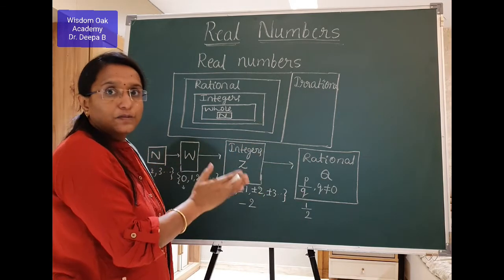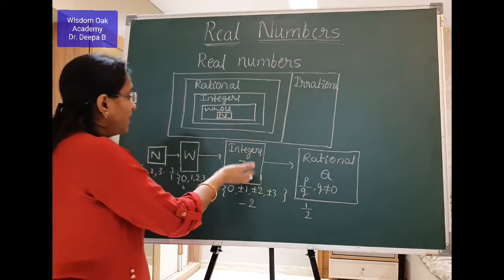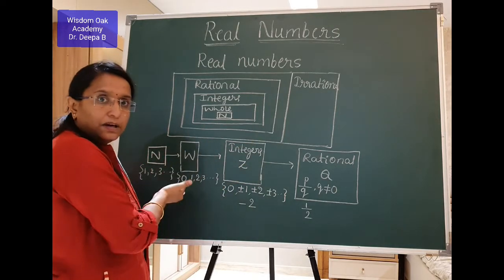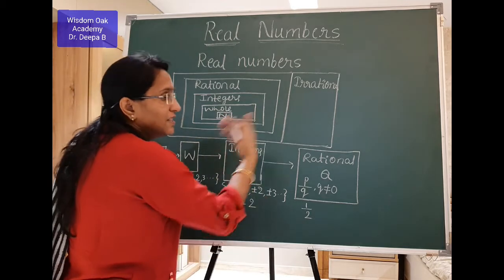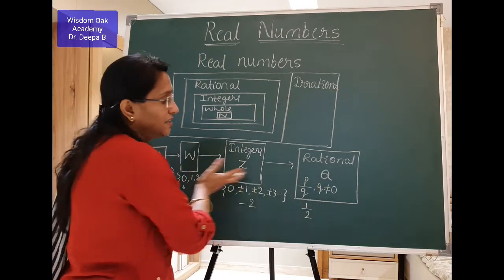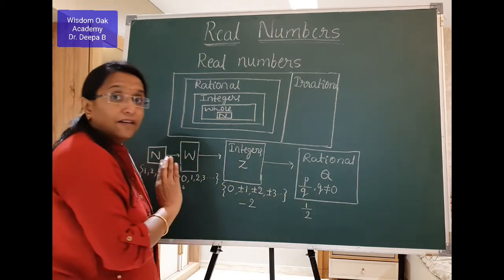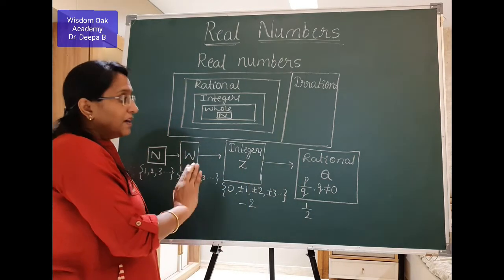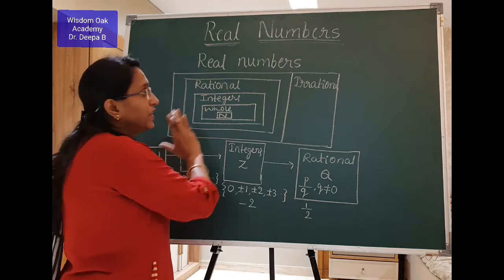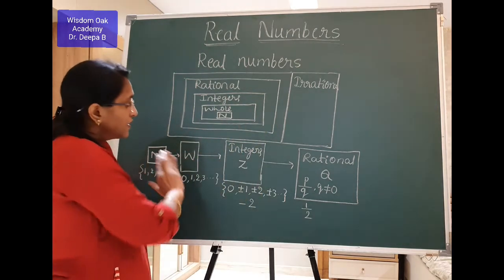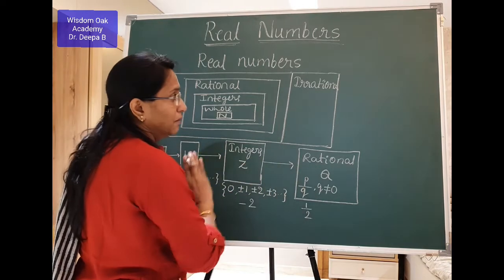If they ask objective type question, is every integer a whole number? Then it will come here. No. Every integer is a rational number? Yes. It is going like this. So just remember this one. Always, whenever in the competitive exams also, if question comes on this, easily you can answer. So this is about rational numbers.